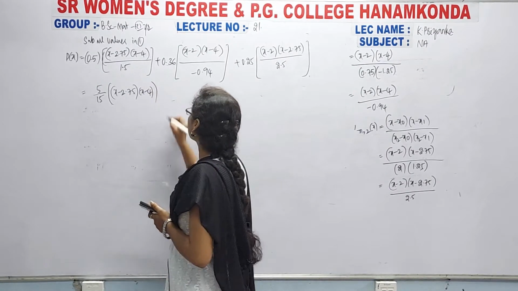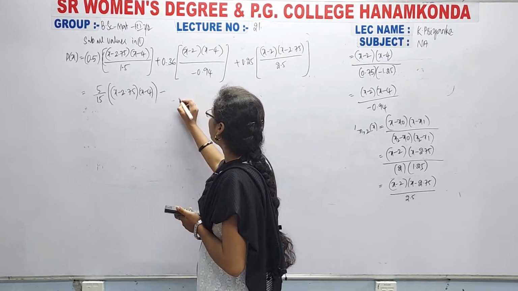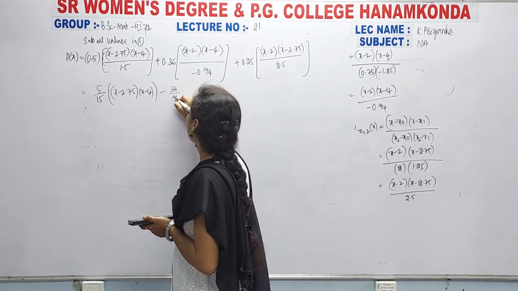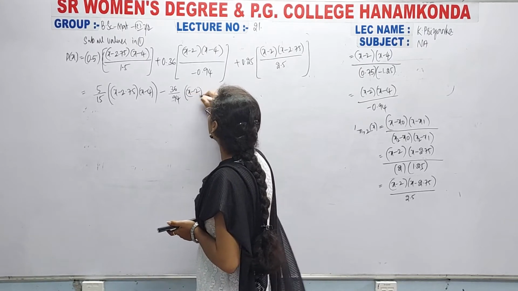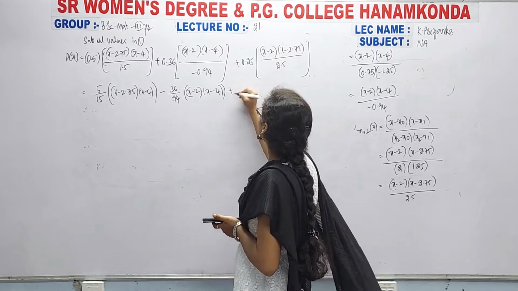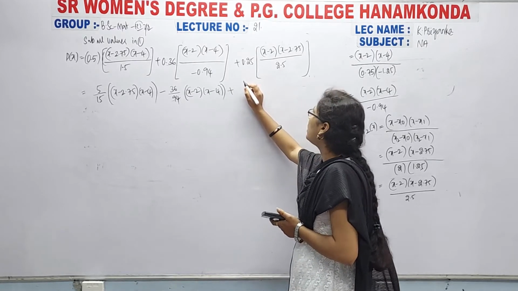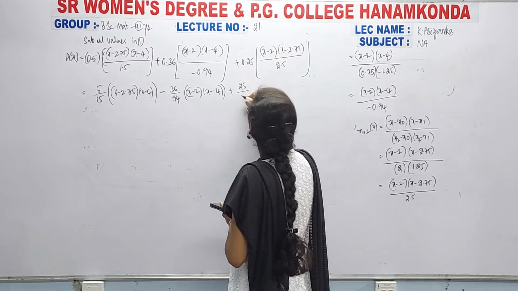The next, minus 0.36 by 0.94, simply we can take 36 by 94 of x minus 2 into x minus 4, and plus 0.25 and 2.5, so then we will get 25 by 25.